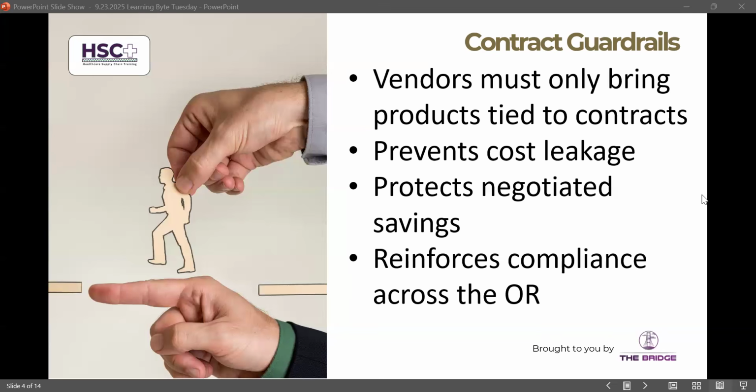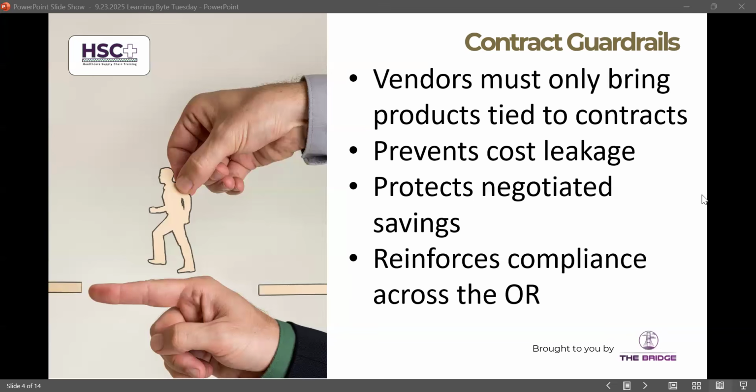Okay, so I just want to make sure that you've got these contract guardrails. They go into your item master, your item file, and your ERP system. Those are your locked in awarded items, and everyone's very clear that this is what is on contract for doing all shoulder surgeries or for doing all spine cases, ortho spine cases.